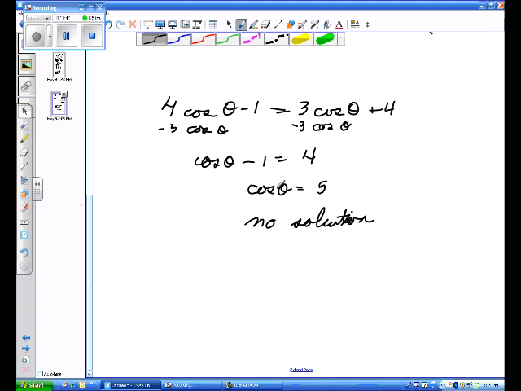Now, all of these were what we would call linear type equations, and it was just one variable. We were able to solve for that just like we would in algebra. But we can also have other types of equations. We can have quadratic equations.